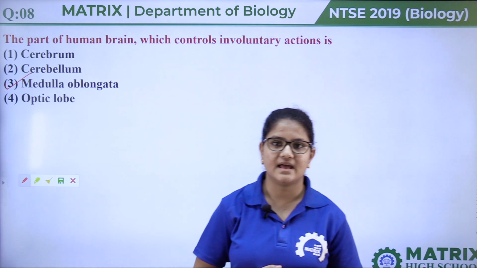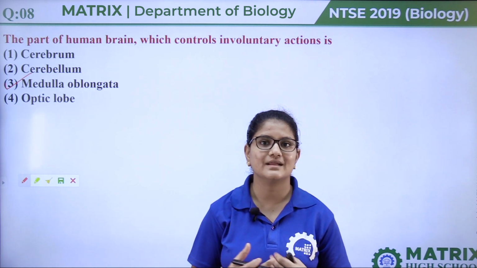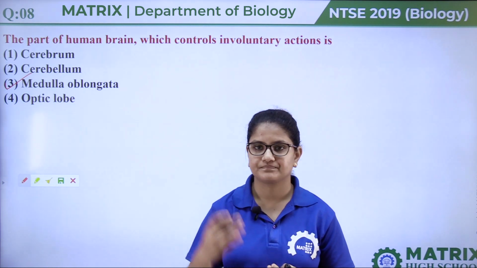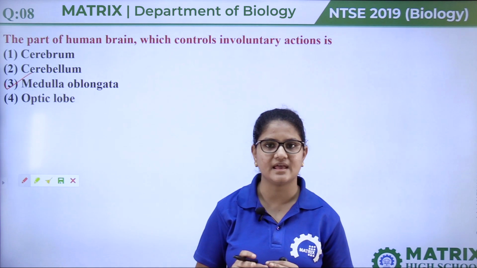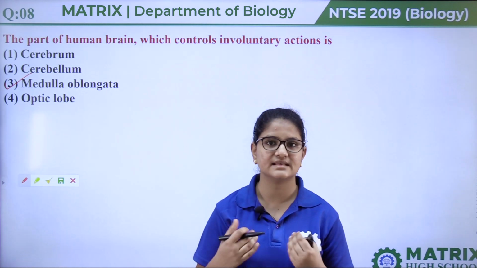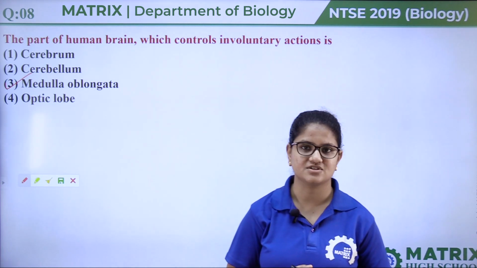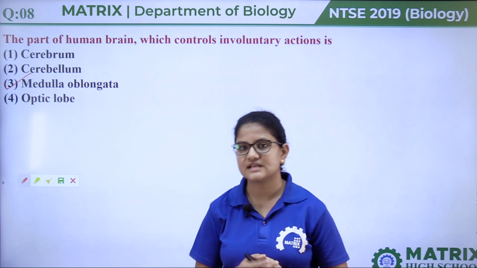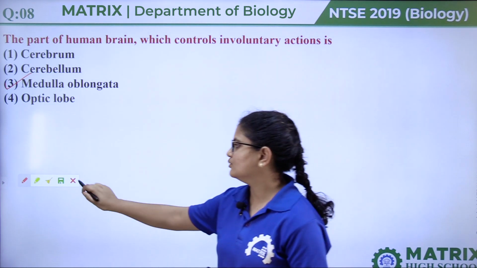Involuntary actions are the actions which are not in our control, which are not in our will, like breathing, respiration, which are not in our control. Movement of hand, movement of legs is in our control. They are voluntary actions. So involuntary actions are controlled by the medulla oblongata part of the human brain.